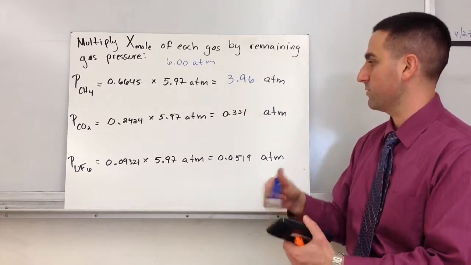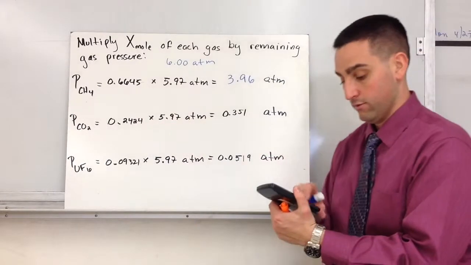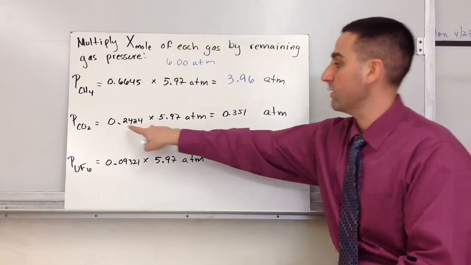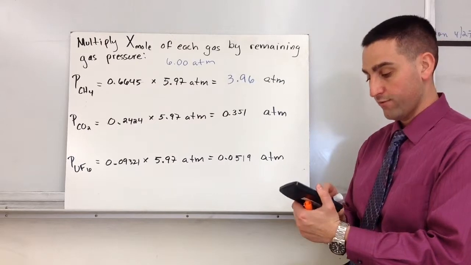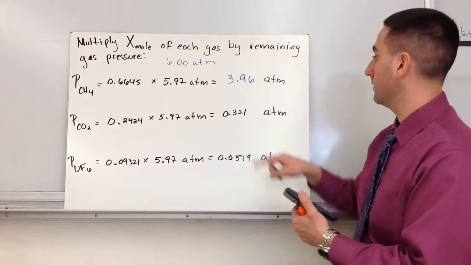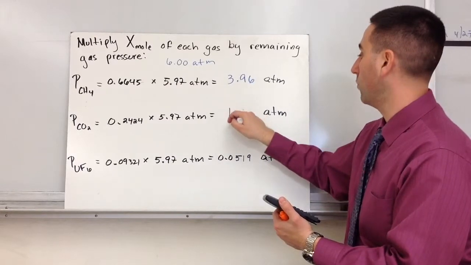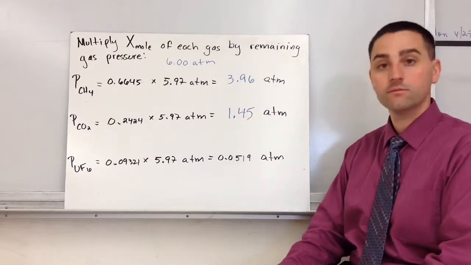Let me double check my numbers here, guys. 0.2424, the mole fraction of CO2, times the total pressure of 5.97 gives 1.45 atms. Okay.